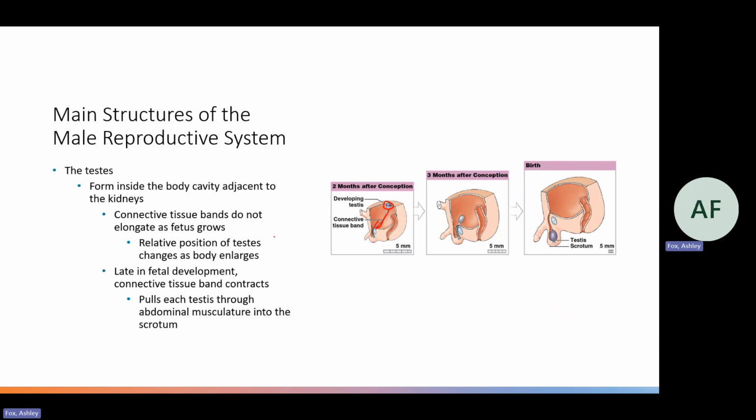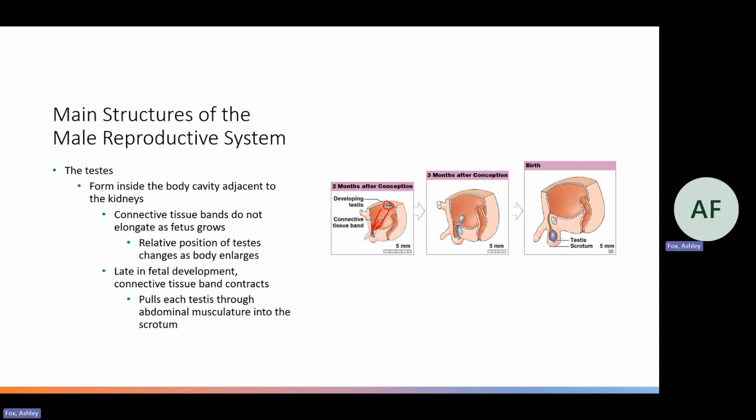What happens is the connective tissue band stays the same size, but the fetus is growing. So that pulls the testes down towards the scrotum. Eventually, the connective tissue can contract, and it actually pulls the testes through the inguinal canal into the scrotum where they are at birth.